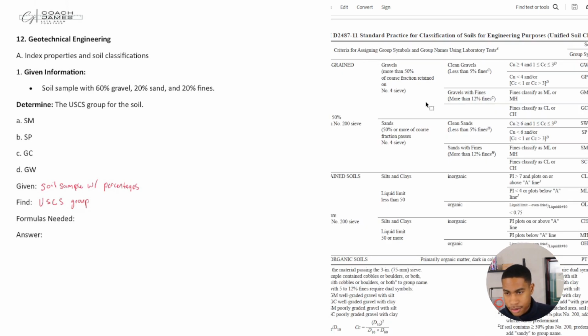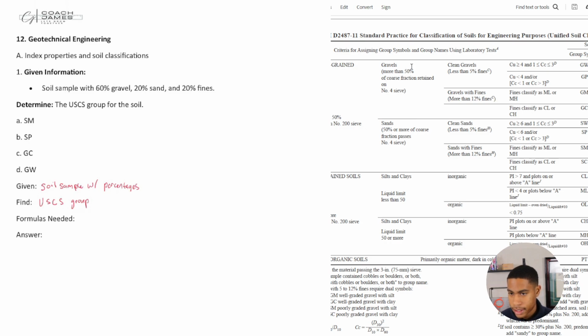Okay, so when I zoom in, because I don't know if you all can see it. All right, what's next? Is it 50% or more gravel retained, or is it 50% or more sands, or is it 50% passing? So for gravels, we still have 60%, so we're going to stay on this upper line. You can see the split line here.